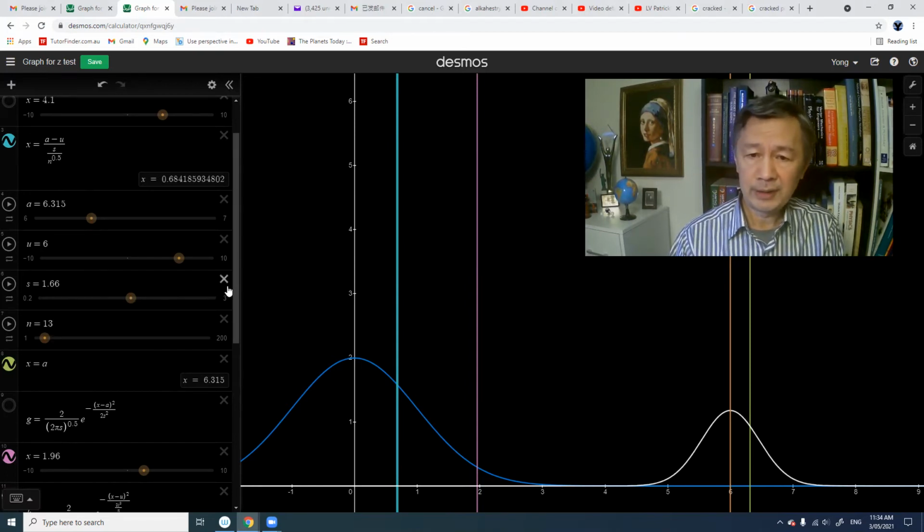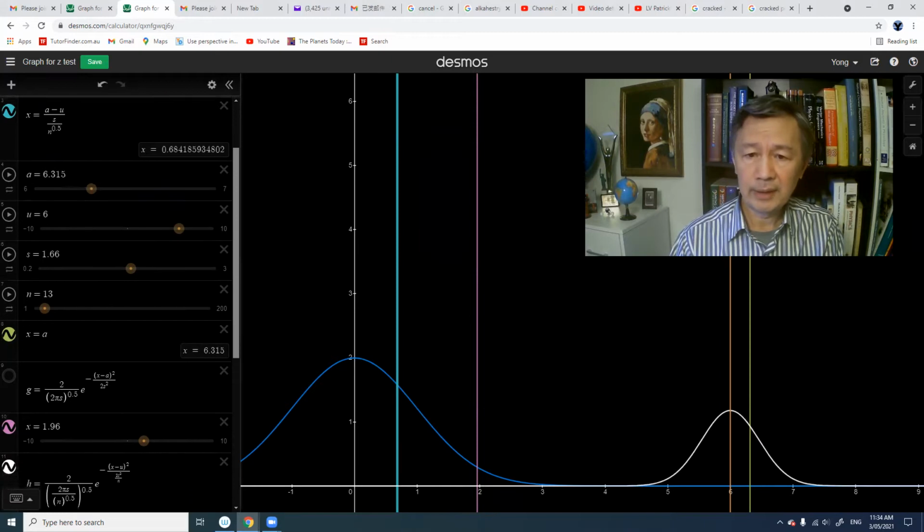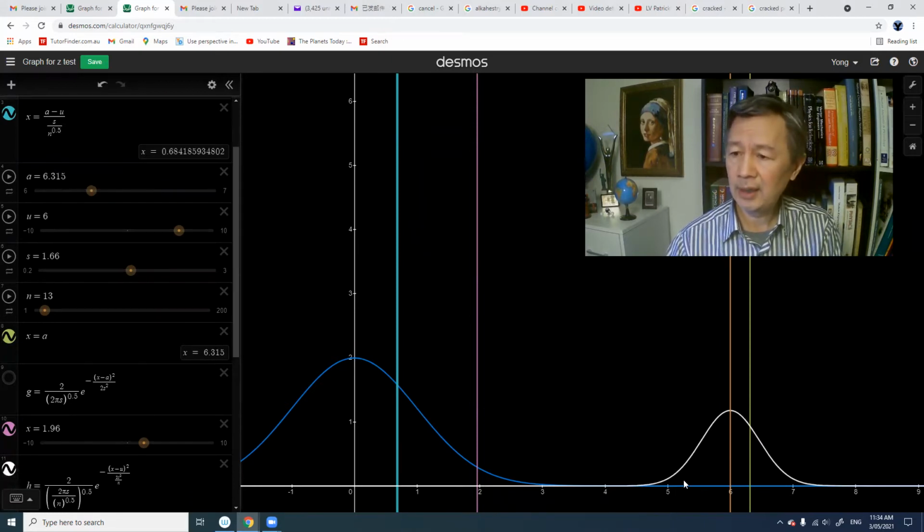Let me explain what we have done here. On the right-hand side, you see a bell shape, a normal or Gaussian shape, which represents the distribution of the sample mean. The sample mean is random: each time you pick a different sample, you might get a different sample mean.